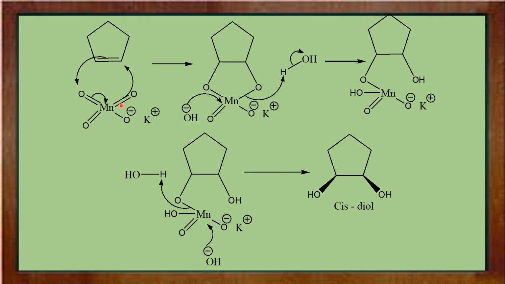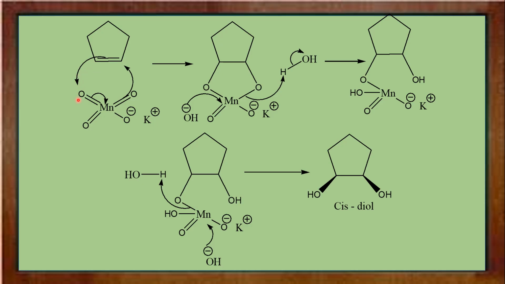From the double bond of manganese oxygen, one bond breaks, goes to oxygen, and it attacks the alkene. So when this oxygen attacks this alkene from here, the pi bond breaks and goes with a negative charge to the adjacent carbon. That negative charge attacks oxygen.